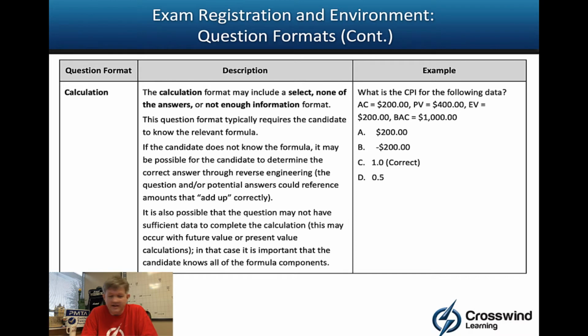And as I said in another video, a lot of times people prepare for the calculations way more than whatever their luck of the draw of questions ended up being, so they were actually a bit disappointed. Okay, so that's calculation.